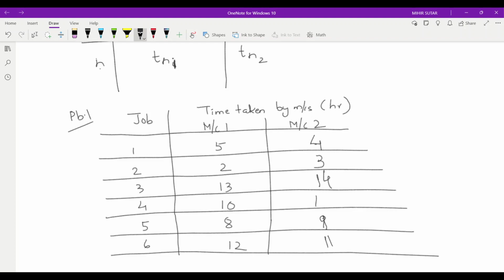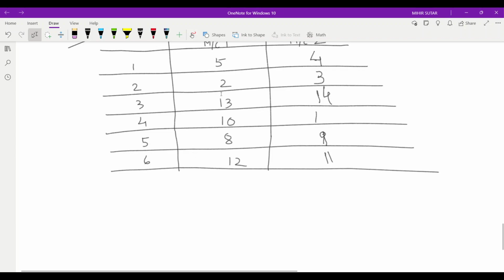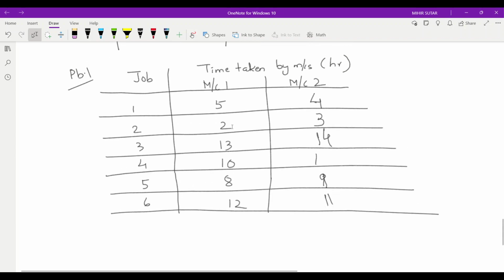Okay. So now I'll tell you how to sequence the jobs. You can see that 6 jobs are there, processed by 2 machines. So first rule, Johnson says that you have to see which is the shortest time in machine 1 as well as machine 2. We can see that 2 hours is the shortest time in machine 1, taken by job number 2.